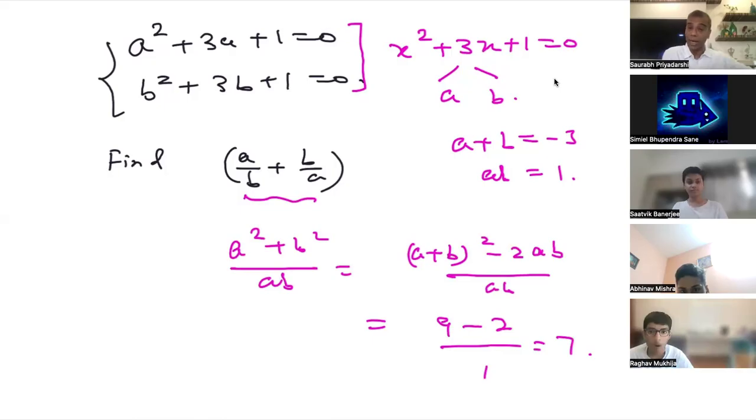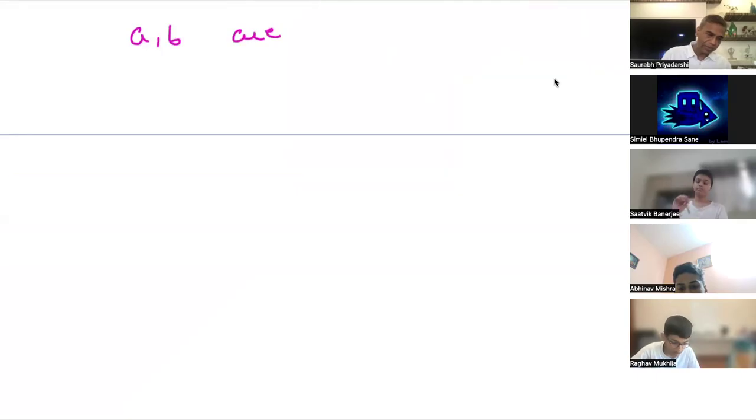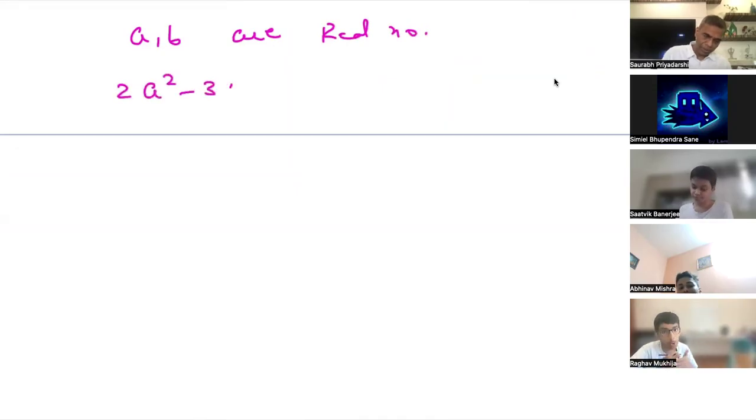But why have I given such a simple question? Say this carefully. Okay, everyone? Now, I'm just changing the question. A and B are real numbers and 2 a square minus 3a minus 1 is equal to 0 and b square plus 3b minus 2 is equal to 0.